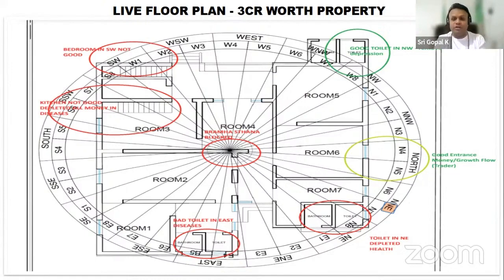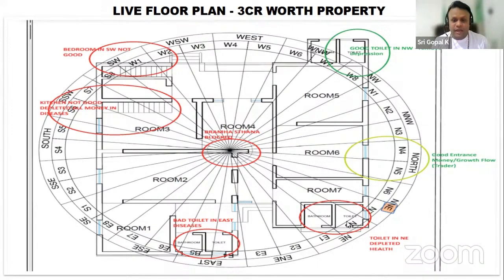Now whatever I have taught you, let's see it right away. Can you see on the northeastern direction, there is a toilet and there is a bathroom, right? What did I just say? If you keep a toilet in any direction, whatever the positivity of that direction is going to go out.